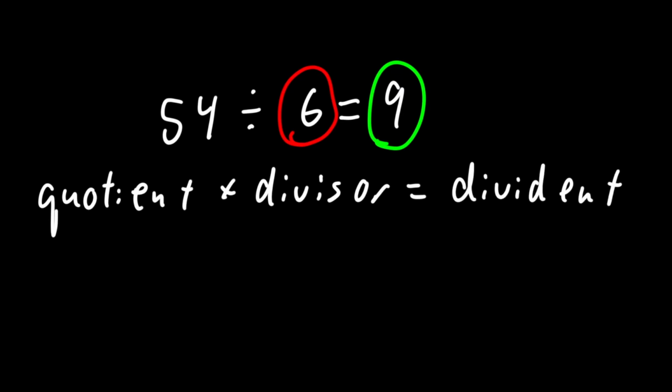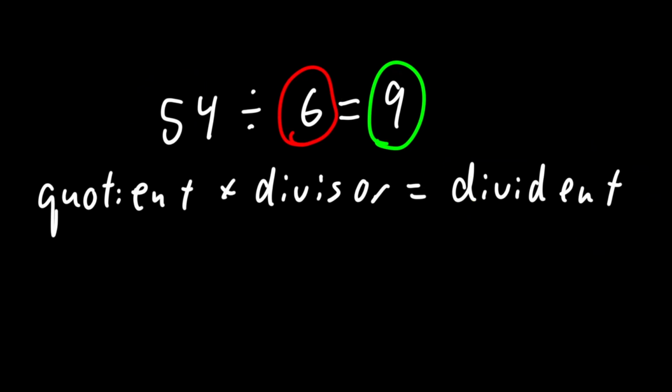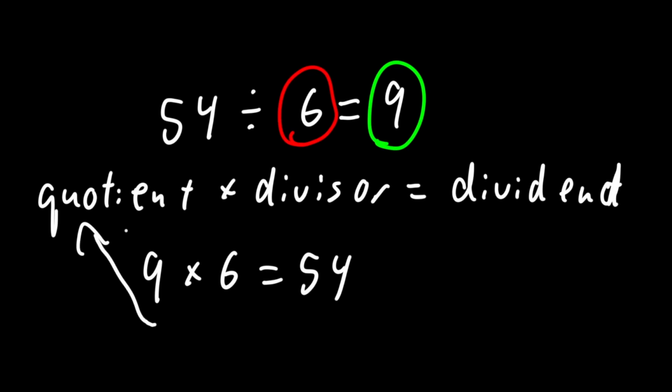And the dividend is just this number. So 9 times 6 equals 54. So therefore, we have the right answer because 9 is the quotient, 6 is the divisor, and 54 is the dividend.